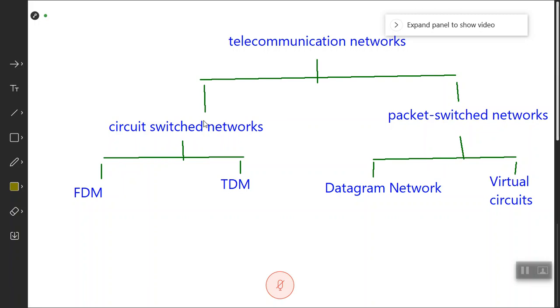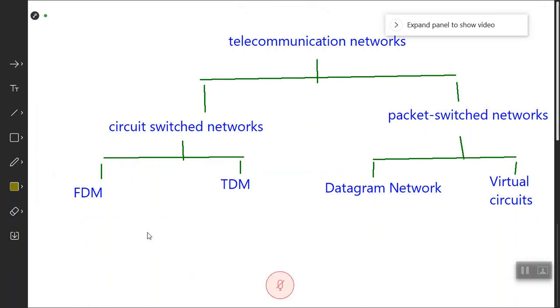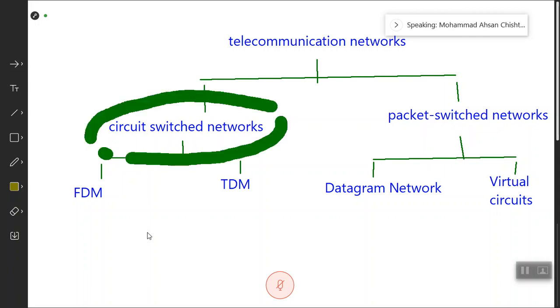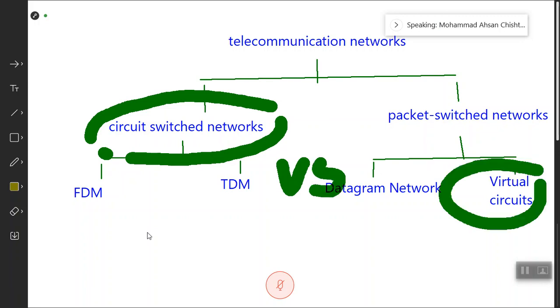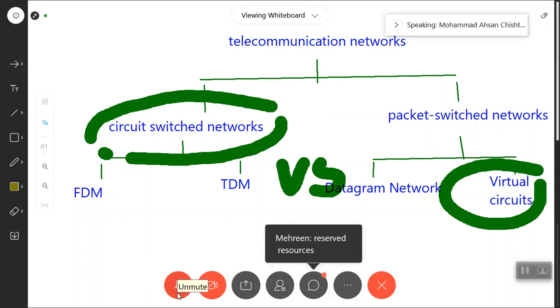Now if I ask a question, you can use your microphone to answer. What is the difference between virtual circuits and circuit switched networks? Anybody? What I'm comparing is this.